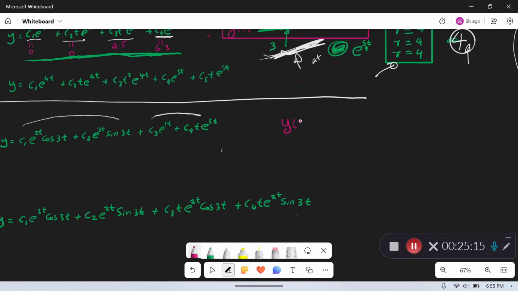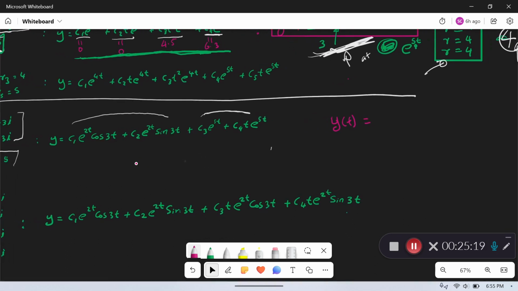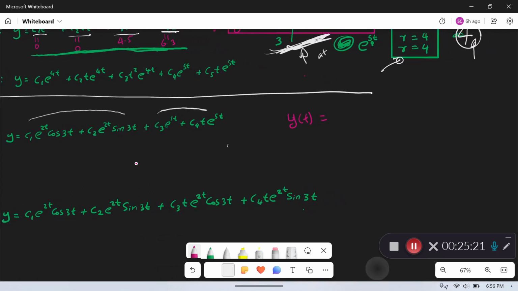a solution given as, let's say, 2.2 e^t sin 3t and 5.6 t e^5t. I'm just picking some random numbers. Then what should happen?